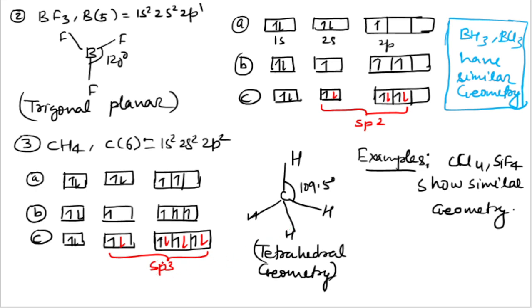The hybridization is sp3, and the geometry is tetrahedral with a bond angle between two hydrogens of 109.5 degrees, and molecules like CCl4 and SiF4 show similar geometry.